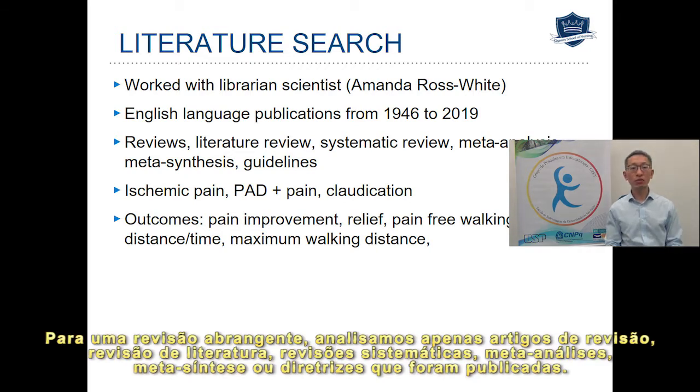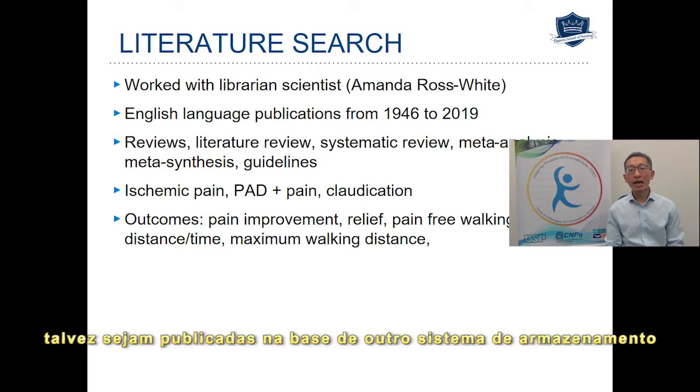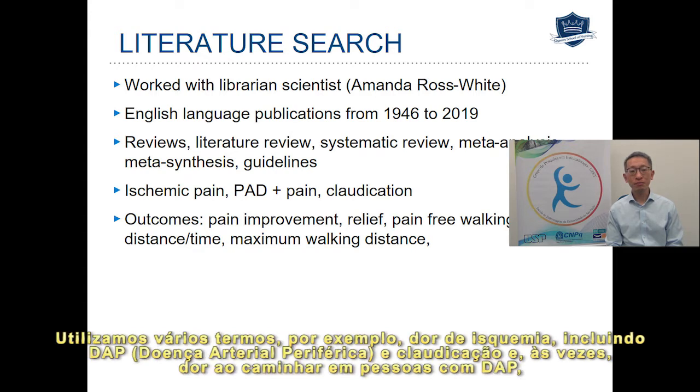For the umbrella review, we only look at review papers: literature reviews, systematic reviews, meta-analyses, meta-syntheses, or guidelines that are published. One of the limitations, I think, is we did not go through individual professional associations to determine if they have any guidelines, unless they're published in the searchable database.